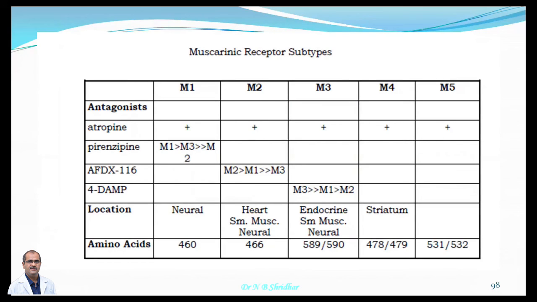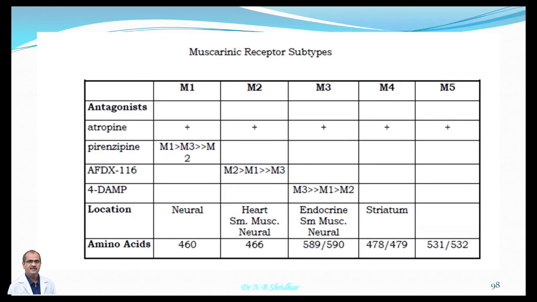Here you can see the varieties of the receptors M1 to M5, and there are varieties of antagonists. Atropine is a classical antagonist which blocks all types of muscarinic receptors, M1 to M5.